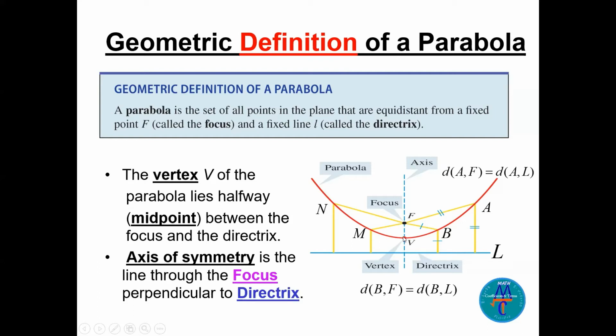The distance from V to F is the same as the distance from V to L. So V is the midpoint between the focus and the directrix. The axis of symmetry is a line through the focus and perpendicular to the directrix. We call this the axis. It passes through the middle of the parabola.